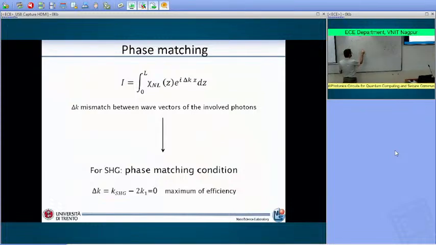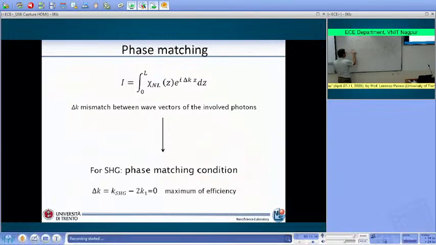So omega s plus omega i should be equal to omega pump 1 plus omega pump 2. First, conservation of the energy. And then I also need a conservation law associated to the momentum. So the momentum of the signal photon plus the momentum of the idler photon should be equal to the momentum of the pump photon plus the momentum of the second pump photon. So this equation should be fulfilled.